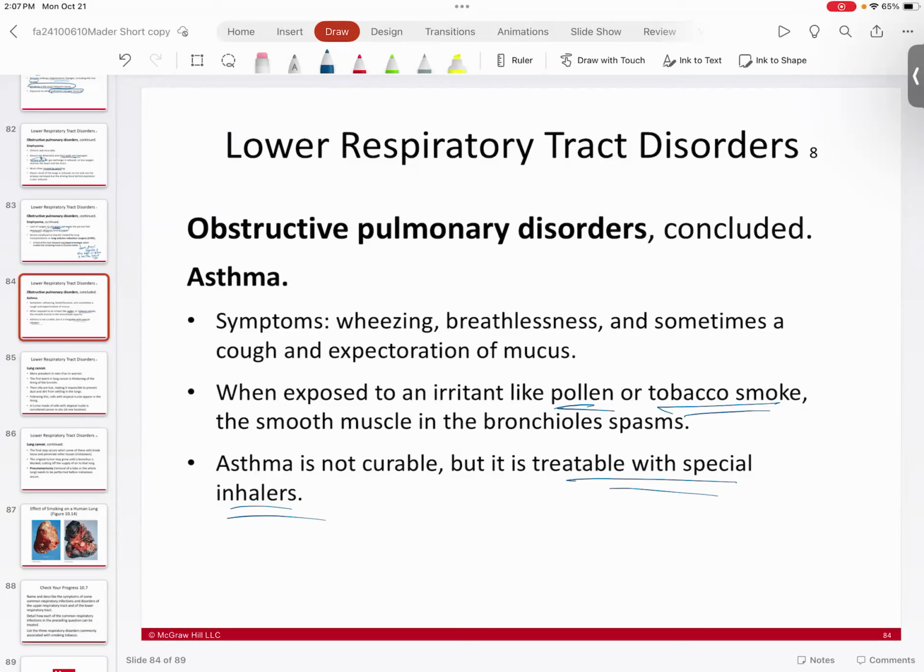Now, here's the problem. This phrase, asthma is not curable, is generally true, but specifically it's not. The reason is that especially in Denver, and especially in the Front Range, there's a peculiar kind of asthma. How best to say this?